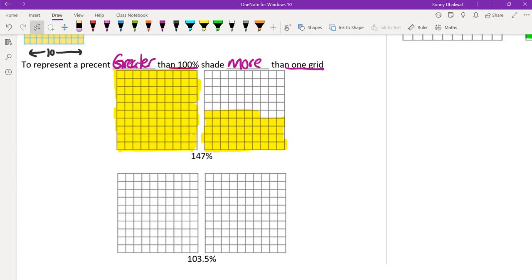Okay, so the next question is, hey, I want you to do 103.5. What does that 0.5% look like? What do you think, Josh? Half a block. That's why we can't split it down. So we're going to do 100, then 3, then another half of a block for this half a percentage here.